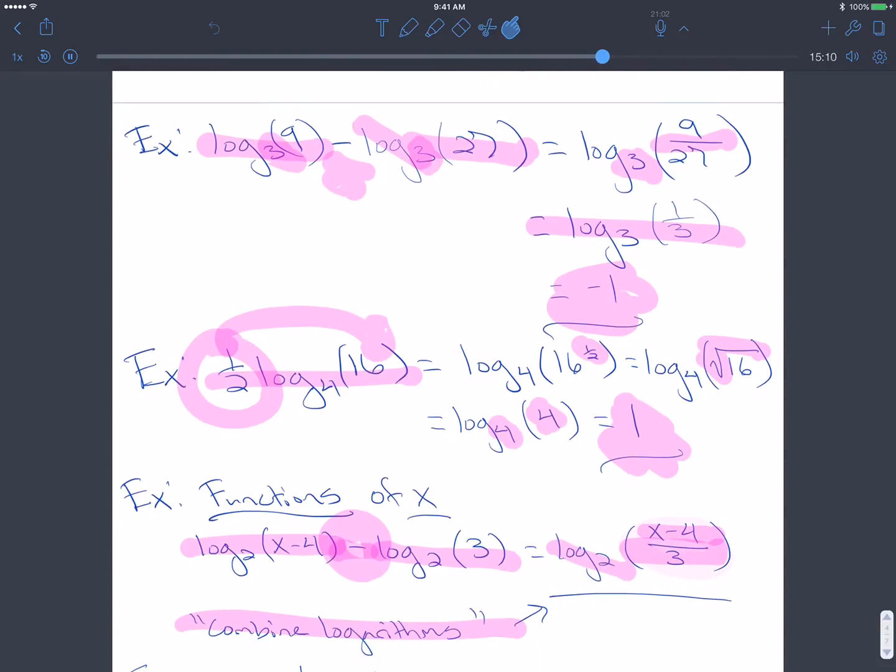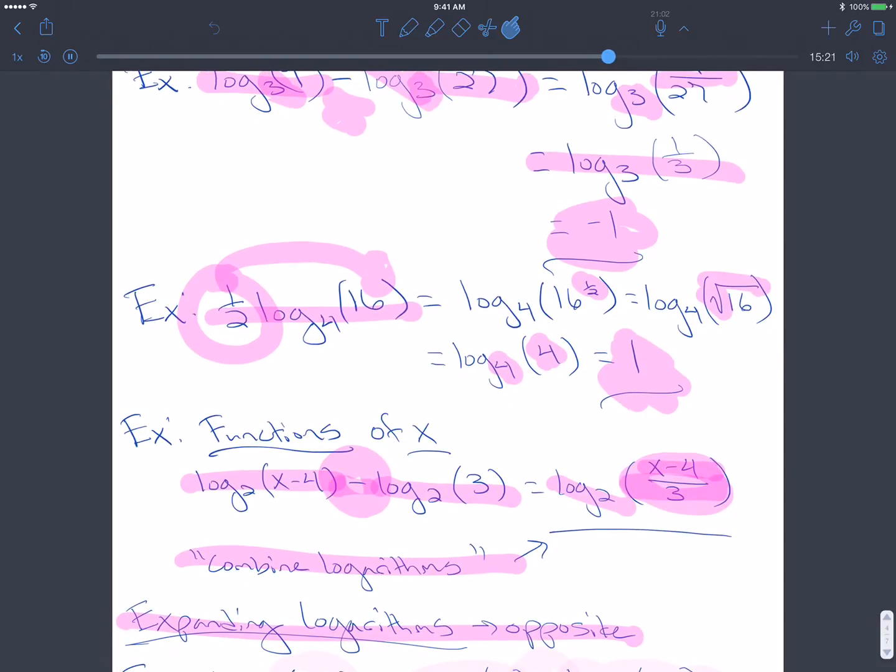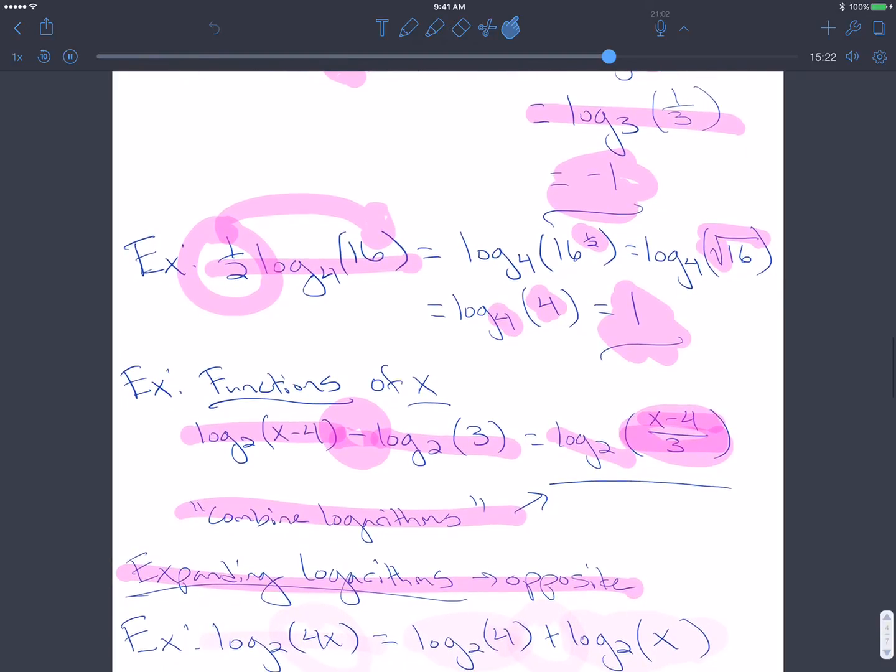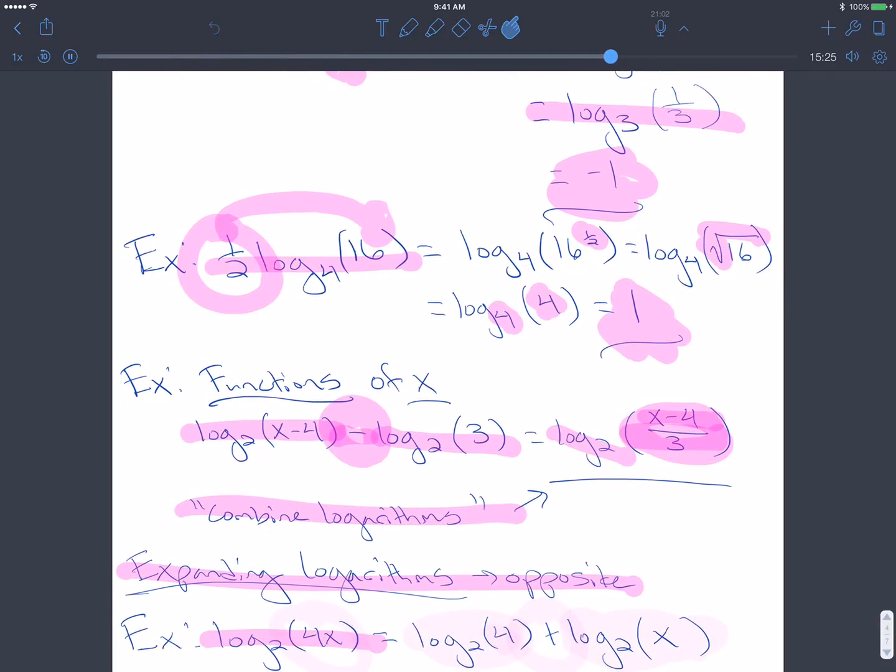And hopefully you'll get more practice with this over time, but that's ultimately where you want to go with it, our functions. The other direction is expanding them out. So if I give you log base 2 of 4 times x, how do you then convert that to logarithms that are smaller individually? So multiplication, we convert to addition.